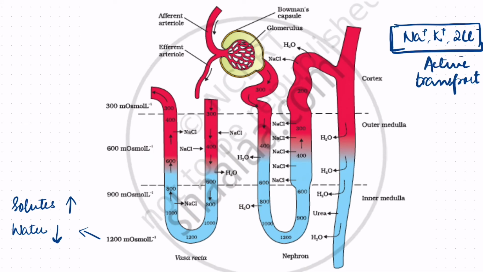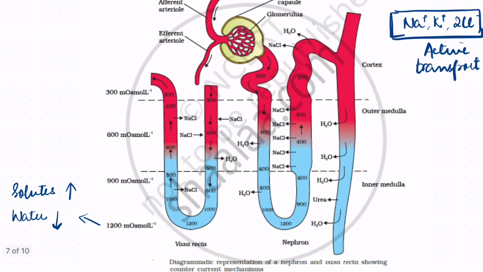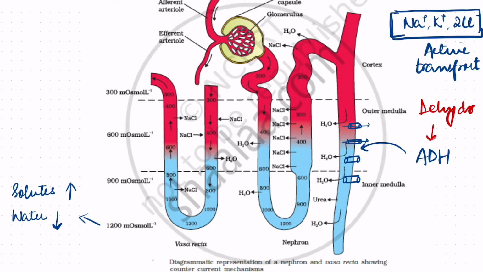Now in the collecting duct, how much water is to be reabsorbed is decided by the dehydration state of our body. In a state of dehydration, a hormone is released known as ADH, Anti-Diuretic Hormone. And what does this hormone do? It plants some channels on the collecting duct known as aquaporins, and through these aquaporins water is reabsorbed and the dehydration status of the individual improves.